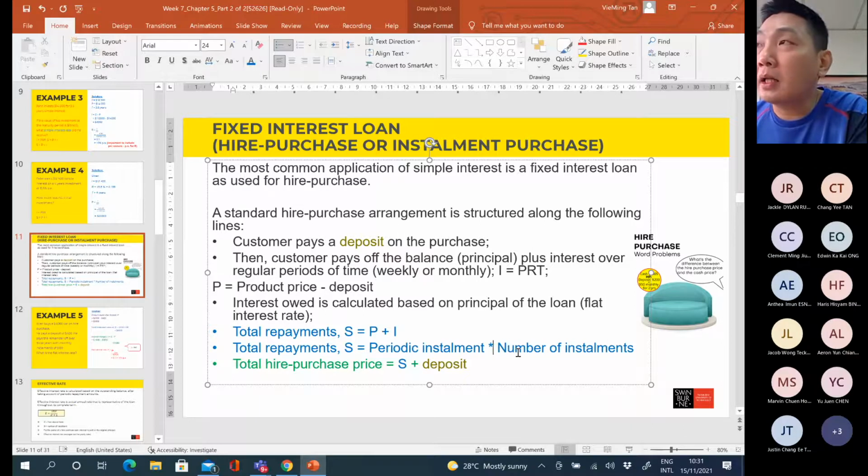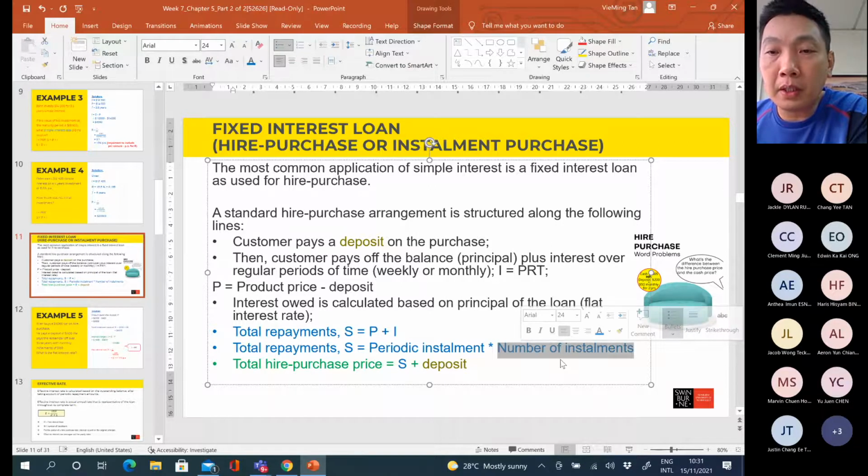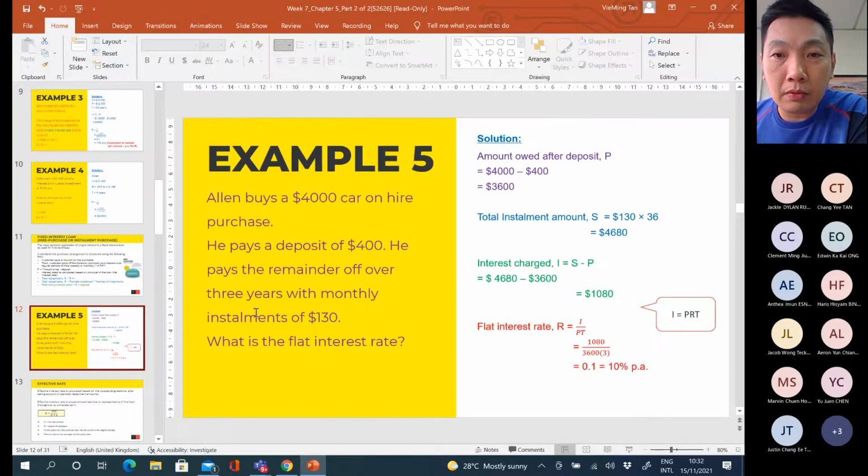How many times? It is 3 years, so 3 multiplied by 12, because it involves 3 years of hire purchase with payment every month. So the number of installments is 3 multiplied by 12. The periodic installment, the monthly installment, is 130 according to this question.